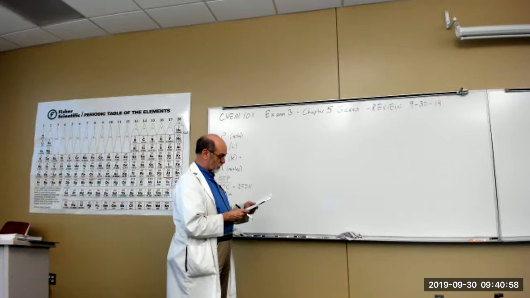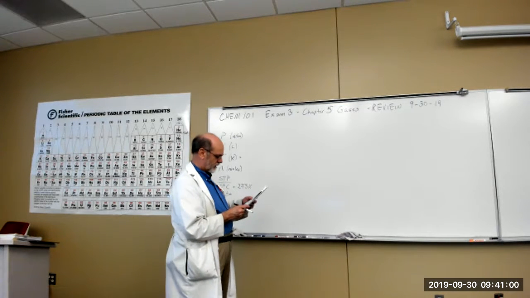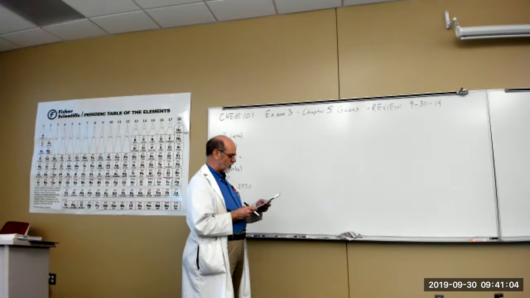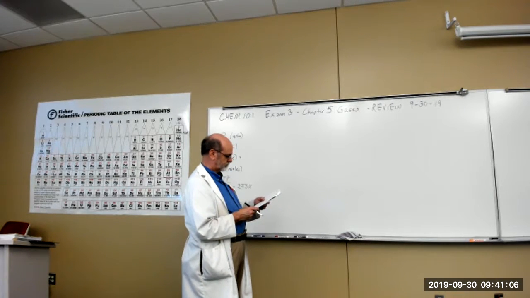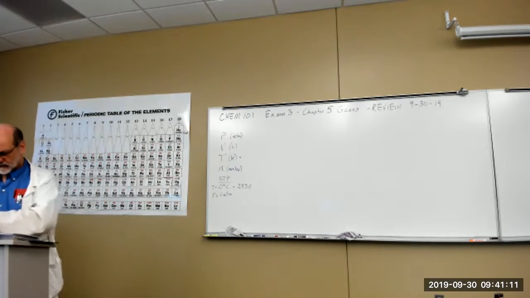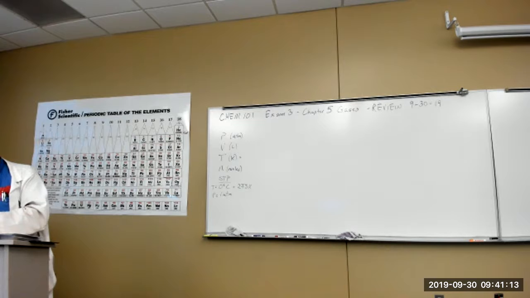Do you still want to work out the problem? Sure. Okay. How many of the following gases have a density at STP greater than that of argon? I like to be consistent with the way I work these.